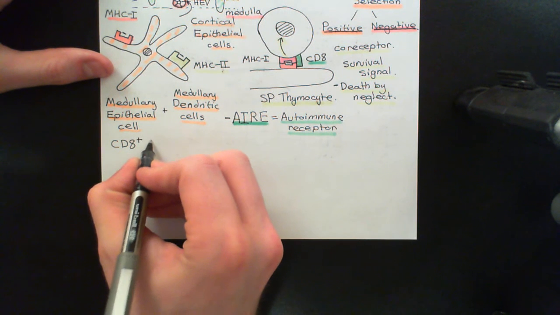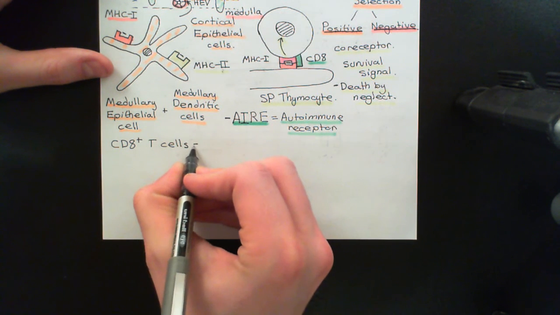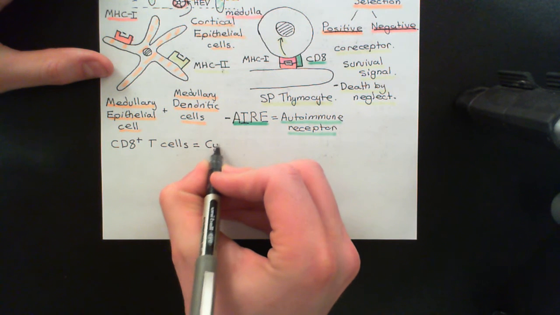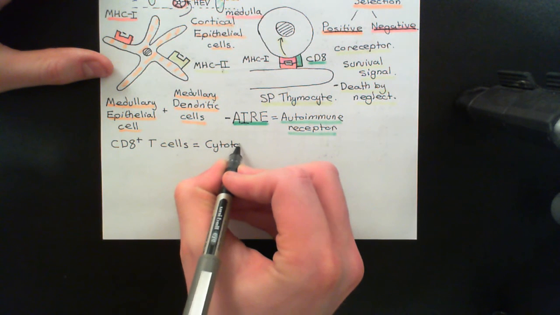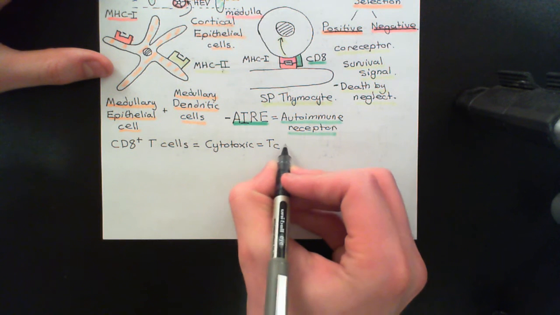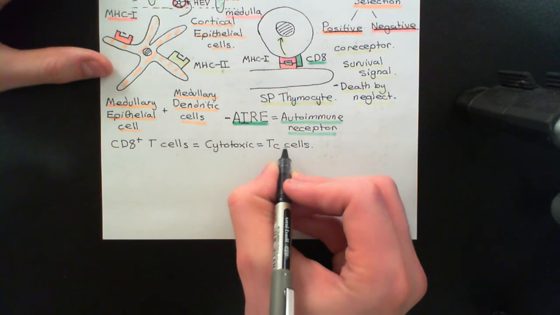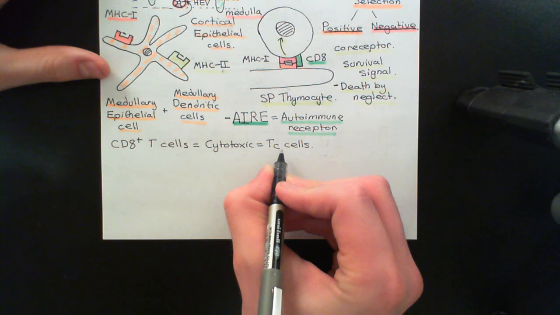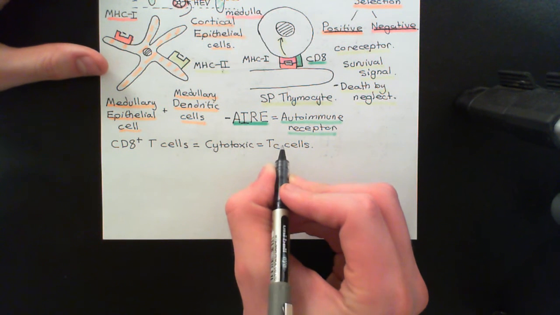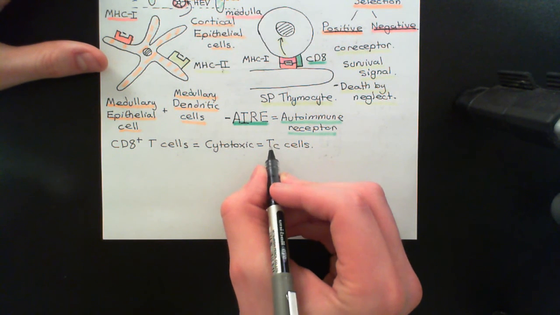So CD8 positive T cells, as we call them. These have another name which I want to introduce you to now. They are also known as cytotoxic T cells, or just as T subscript C cells. And these are the T cells that are going to be involved in the cell-mediated adaptive immune response. So these are the ones that are going to be responding to intracellular pathogens.